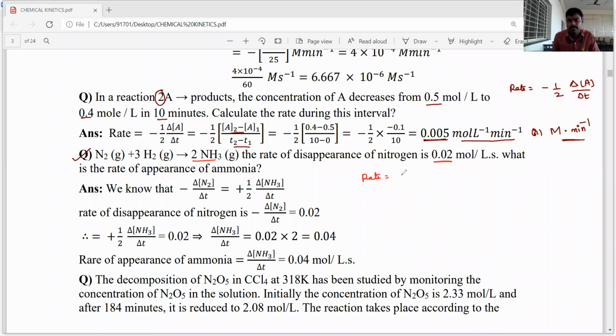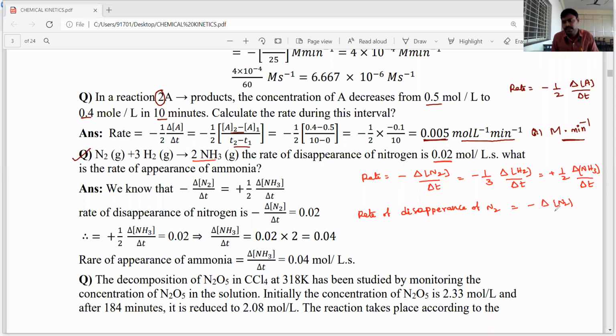Rate equals minus delta N2 by delta T, equals minus 1/3 delta H2 by delta T, equals plus 1/2 delta NH3 by delta T. Now in this question, the rate of disappearance of N2, which is minus delta N2 by delta T, is given as 0.02 mole per liter second.